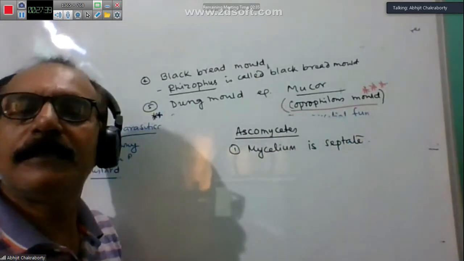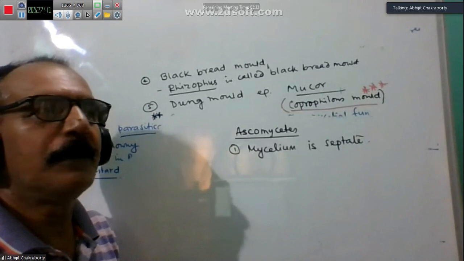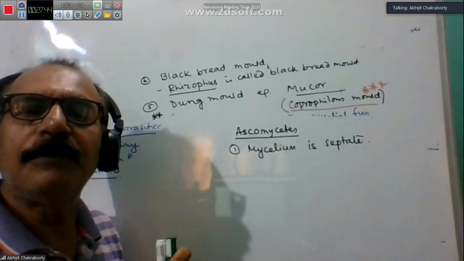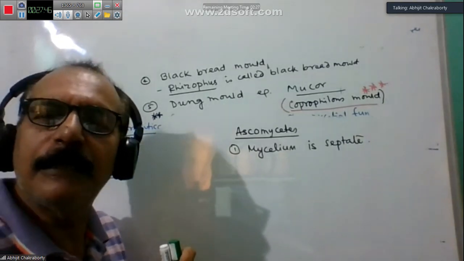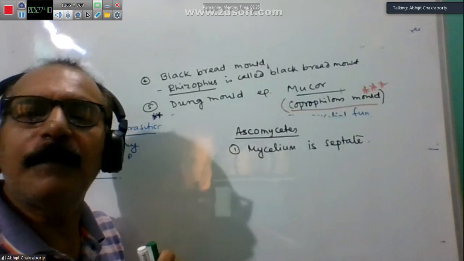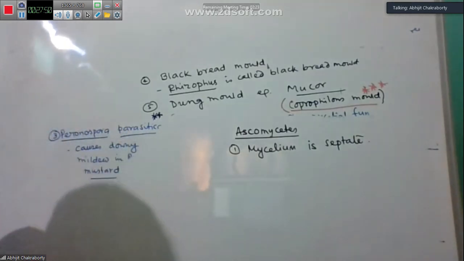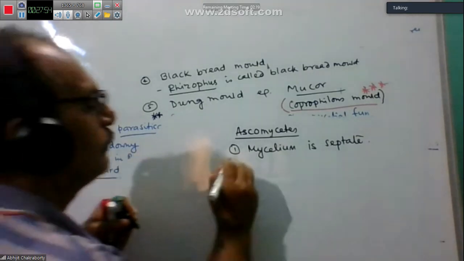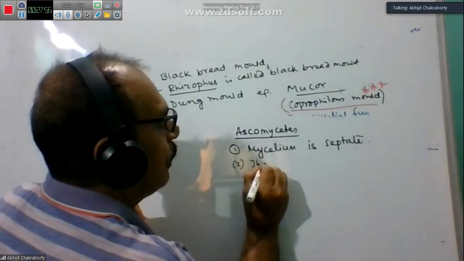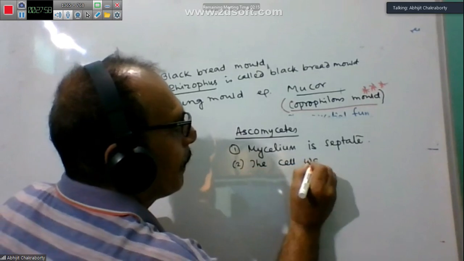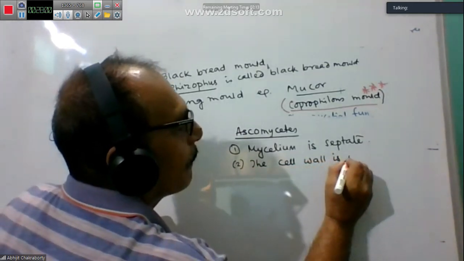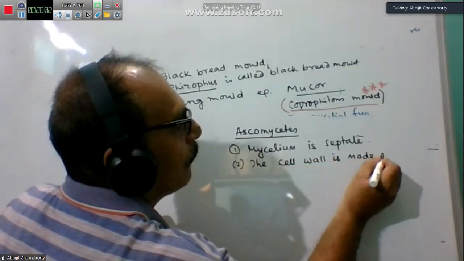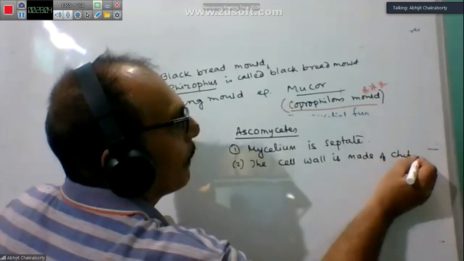Earlier in the Phycomycetes, we have seen mycelium is aseptate. But here the mycelium is found to be septate. The cell wall is made of chitin.